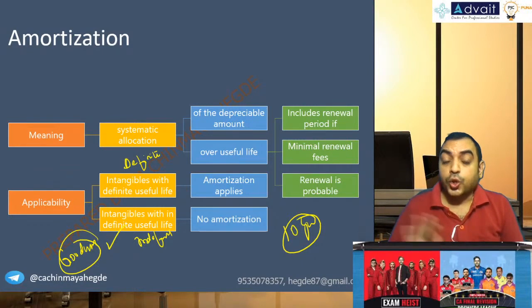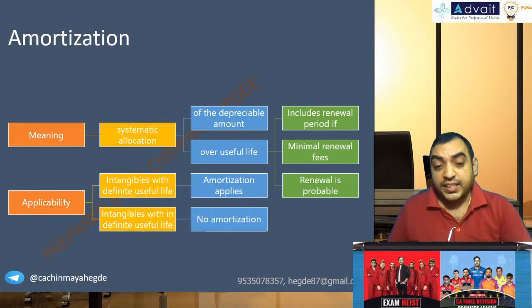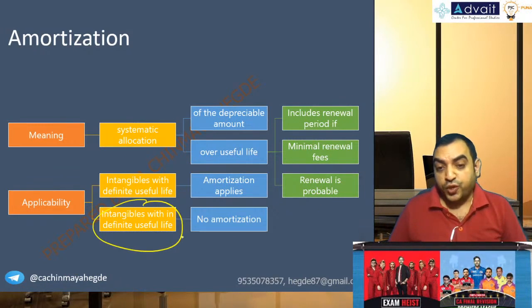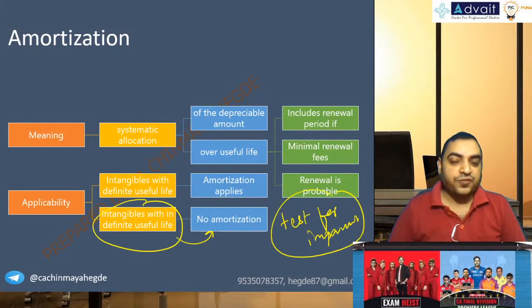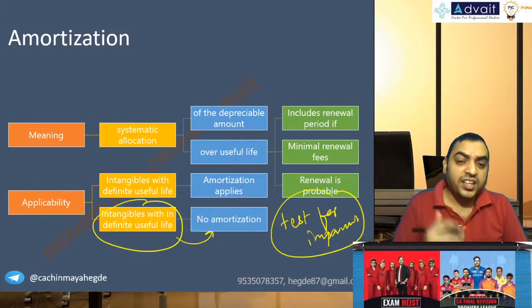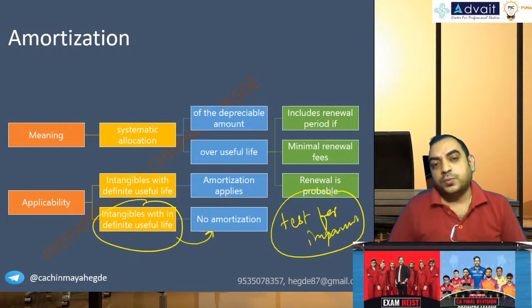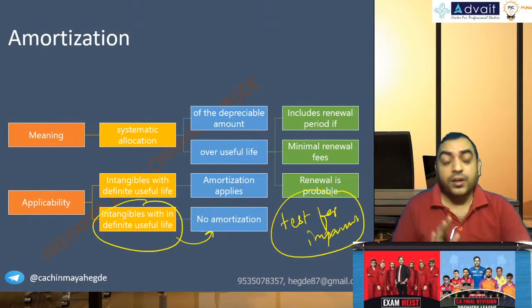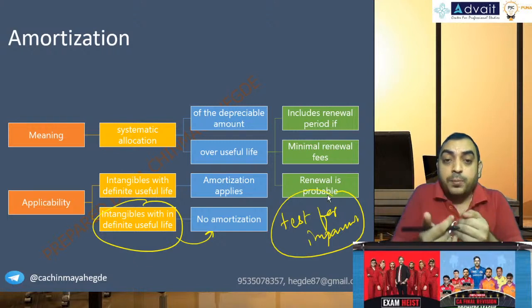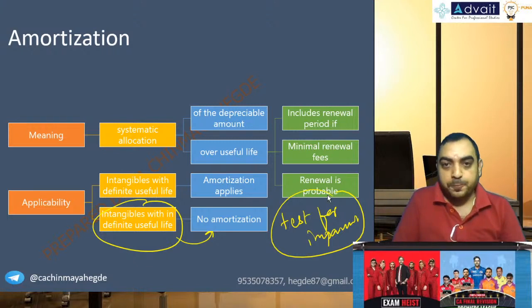But in Ind AS, no. If it is an intangible with indefinite useful life, you don't amortize, you just test for impairment. You don't amortize, you test for impairment. At the end of every year, you check whether those intangibles are impaired or not. Remember, indefinite useful life is different from infinite. It is just that cash flow keeps on coming in the foreseeable future.